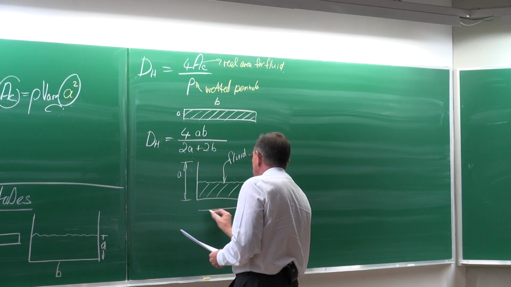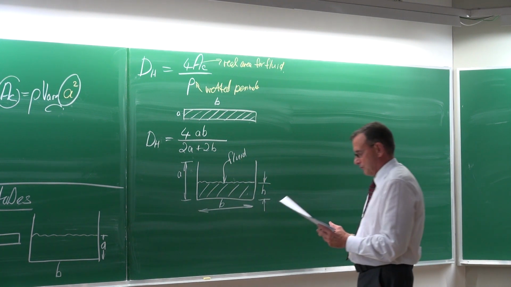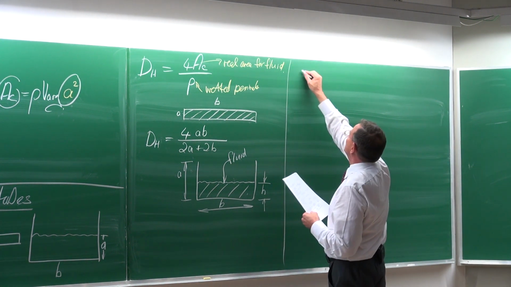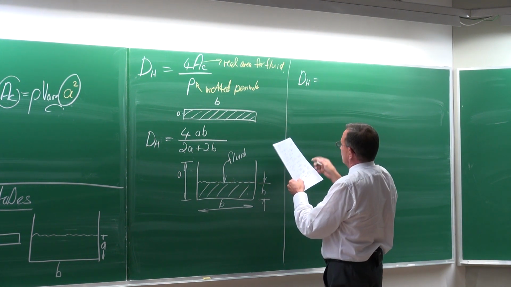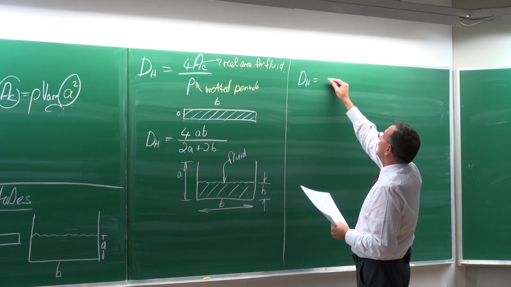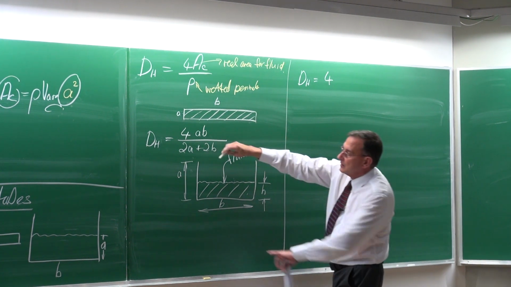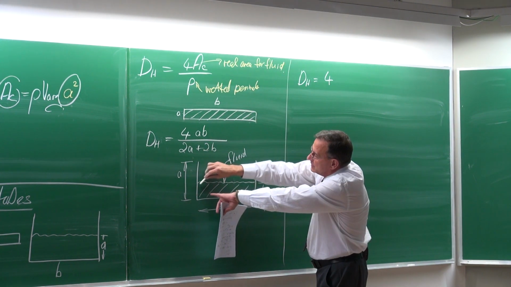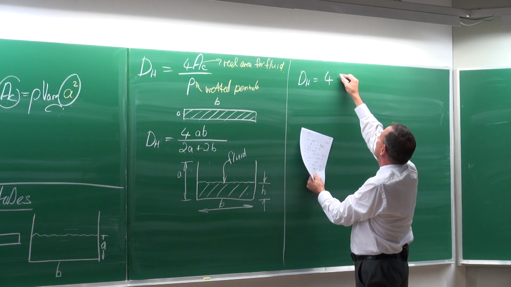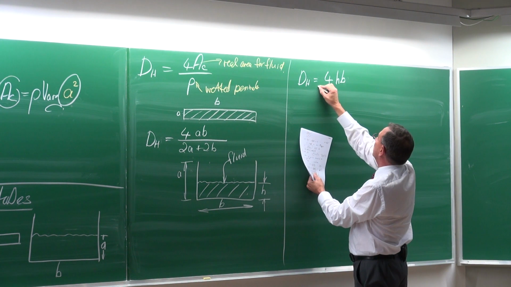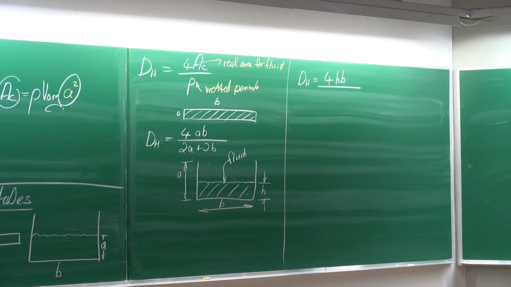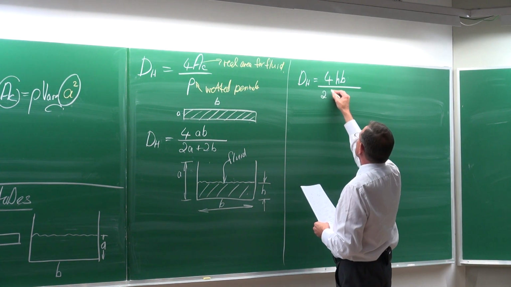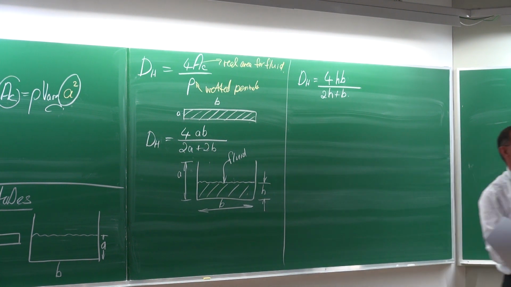And that distance is equal to B. The hydraulic diameter is then equal to 4 times the cross-sectional area, but not that height. That height, it is the real area for the fluid. So it is 4 times HB, the cross-sectional area of the fluid, divided by the wetted perimeter. The wetted perimeter is 2 times H plus B. You follow?